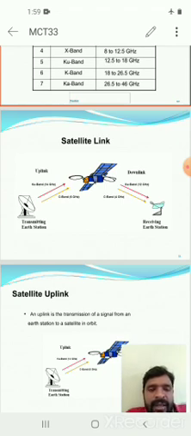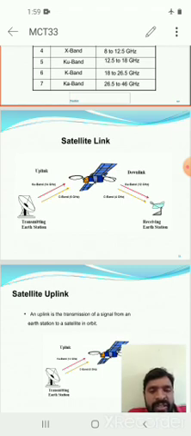The satellite receives the signals, amplifies or processes them, and returns them back to the earth station, where the receiving antenna receives the signals transmitted from the satellite.